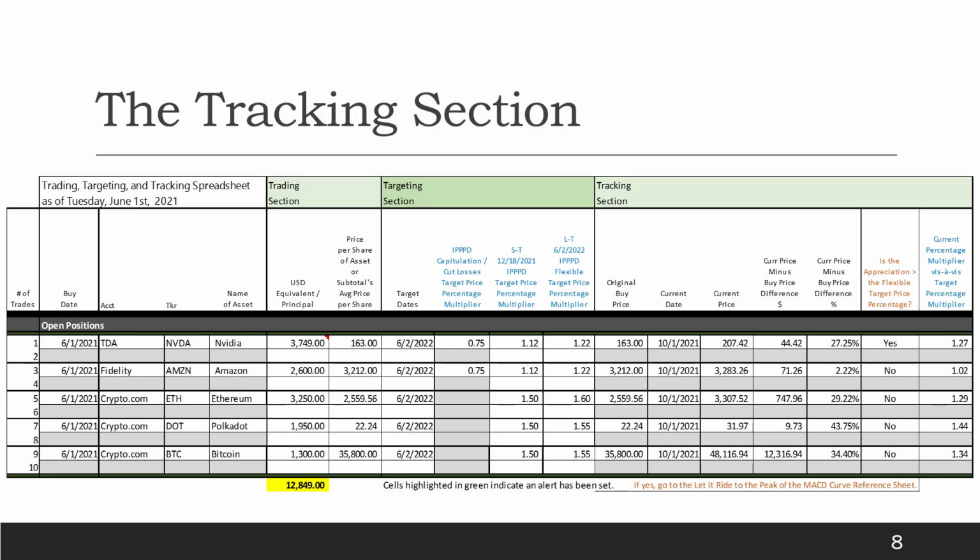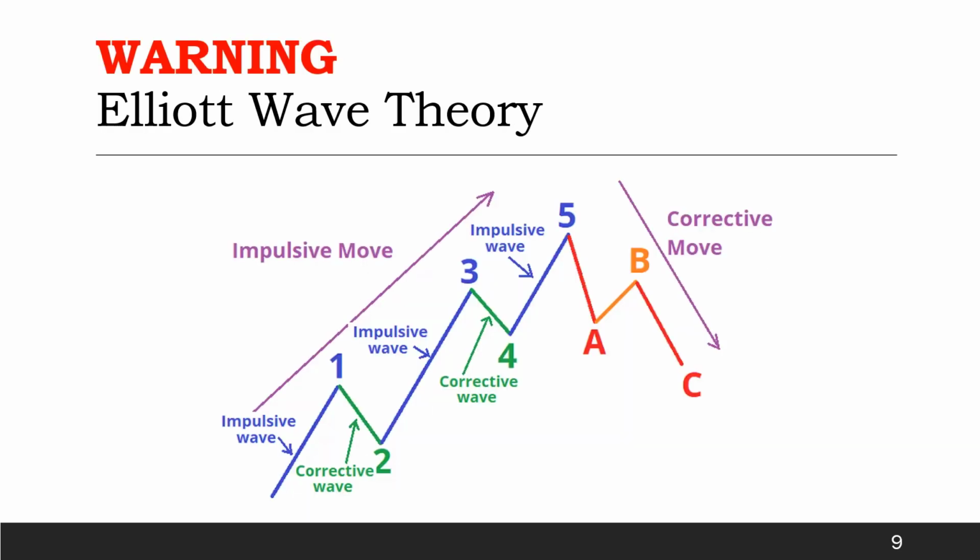The tracking section allows us to track price performance on days after the buy date. I checked prices on October 1st, 2021, but first I want to issue a warning. We venture our funds with the anticipation prices will increase.